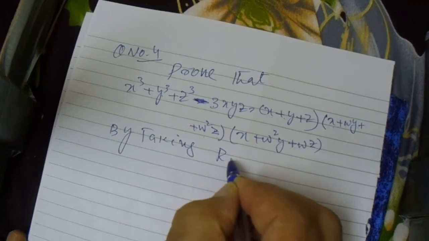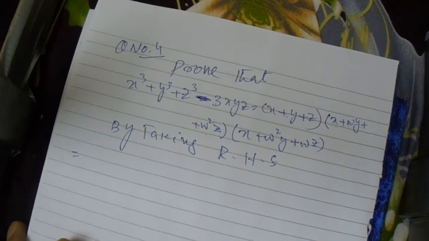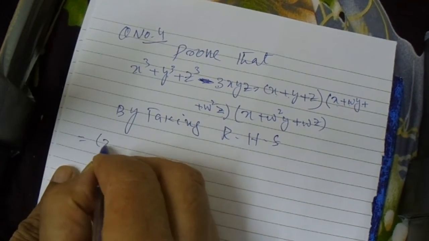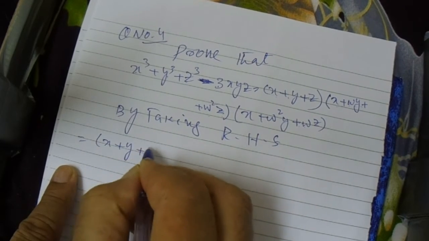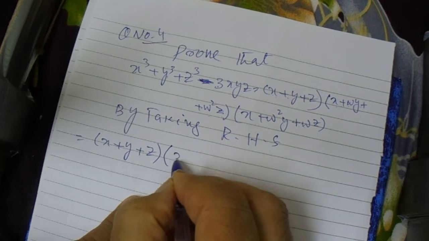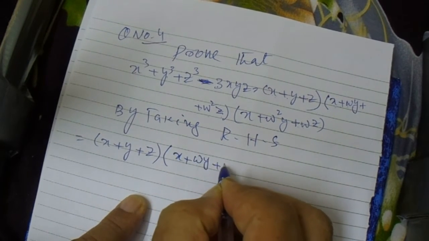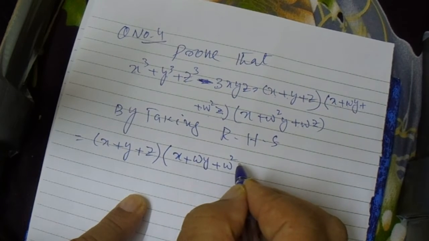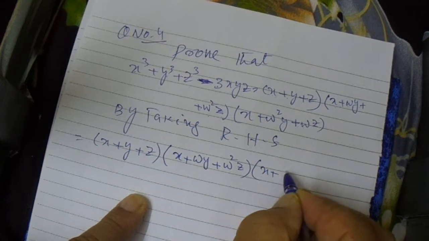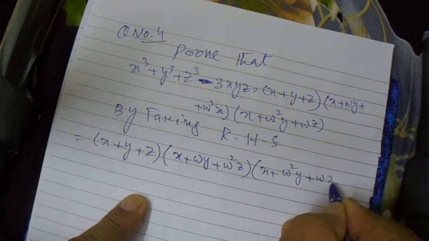right hand side we get is equal to, now write again x plus y plus z into x plus omega y plus omega square z, and write this, and x plus omega square y plus omega z.